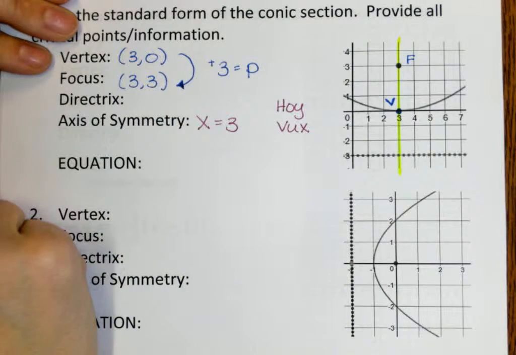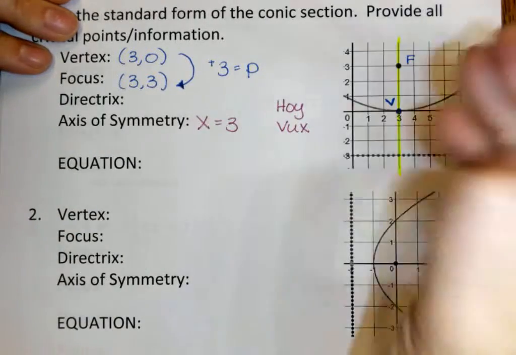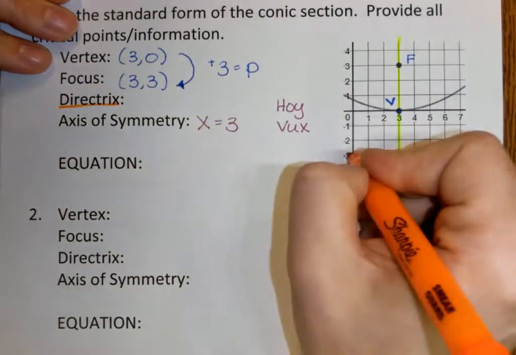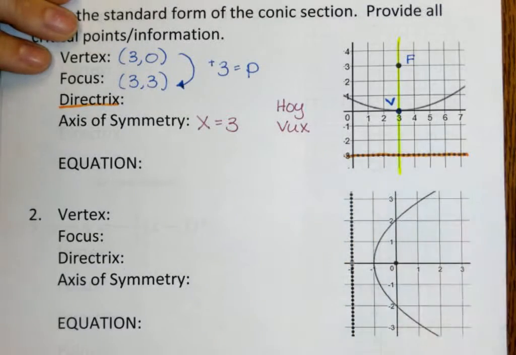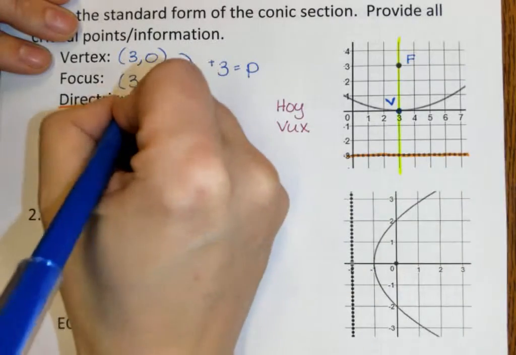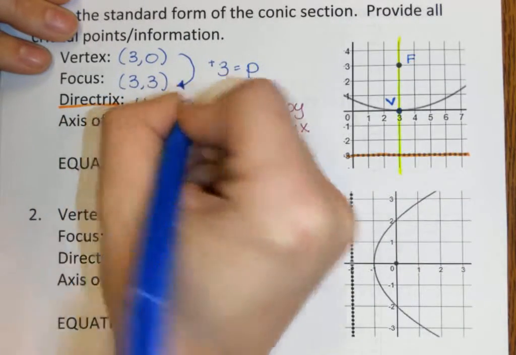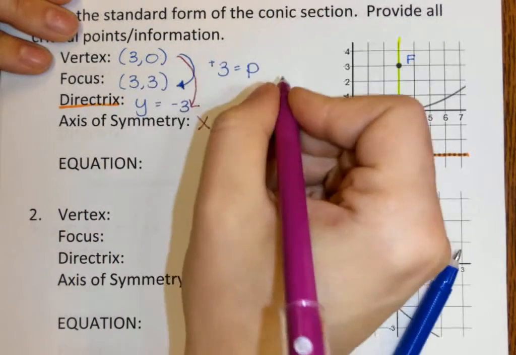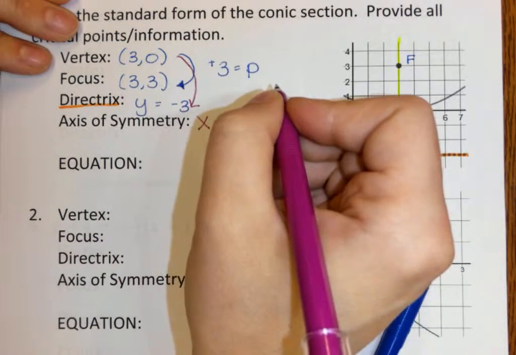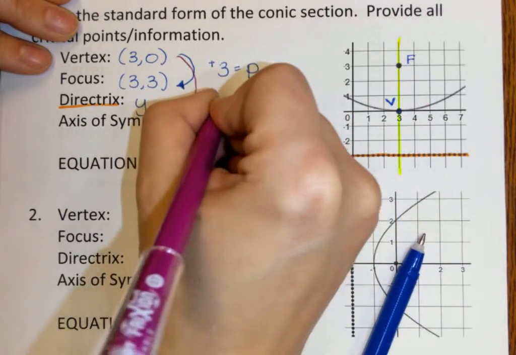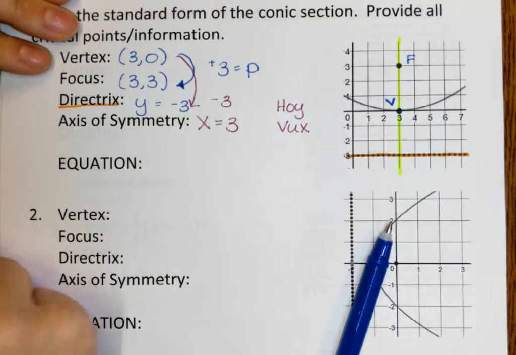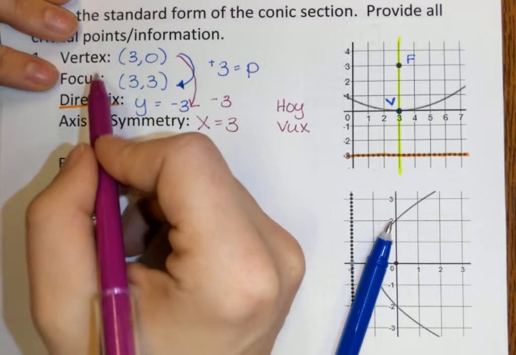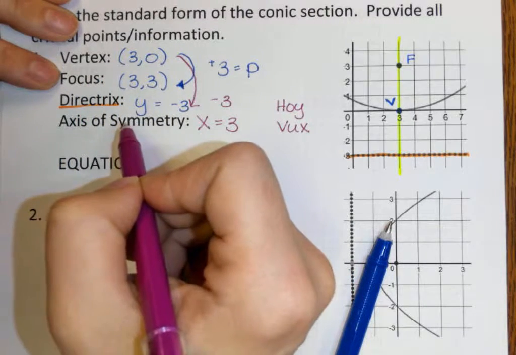That's your P. My directrix, on the other hand, is this guy down here. How do I write that? Y equals -3. And to get from the vertex to the directrix, what did you do? You subtract 3. So you add to get to your focus, you subtract to get to your directrix.